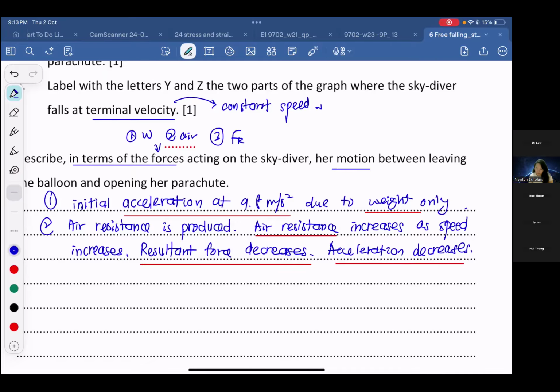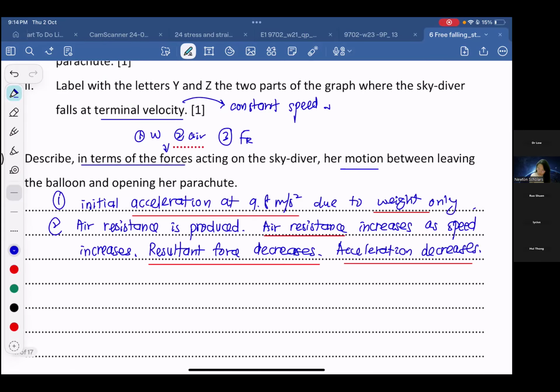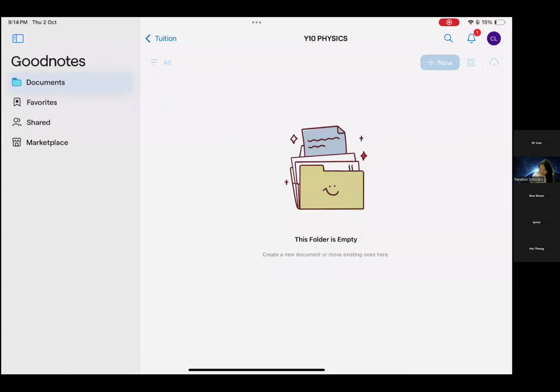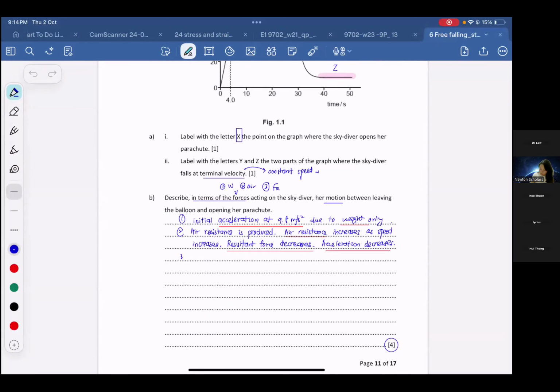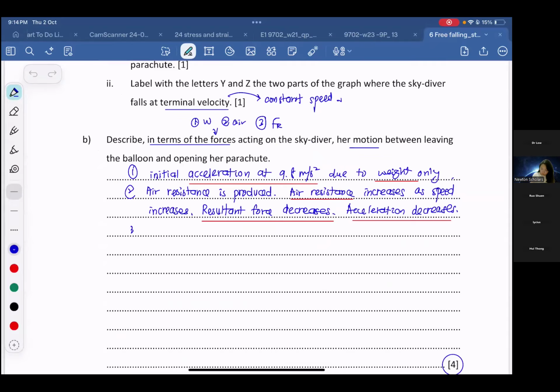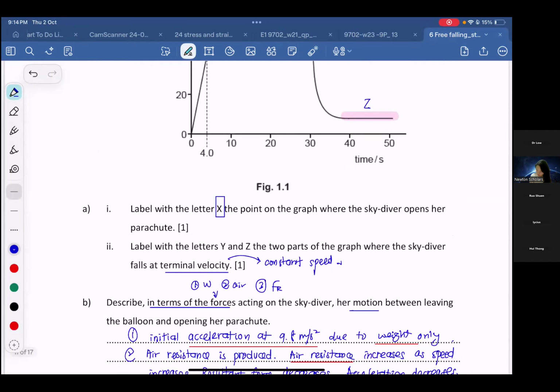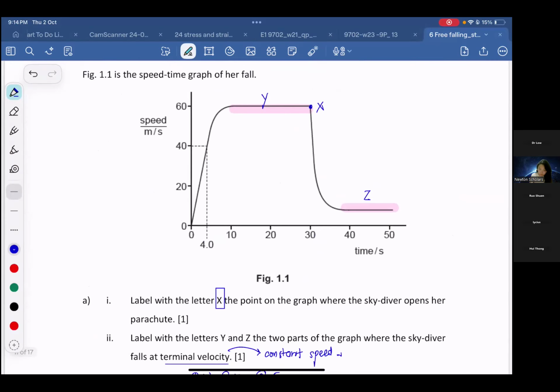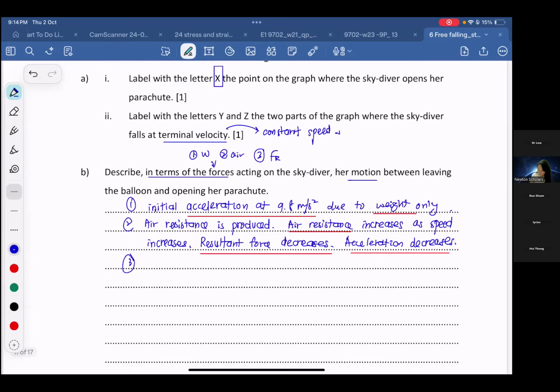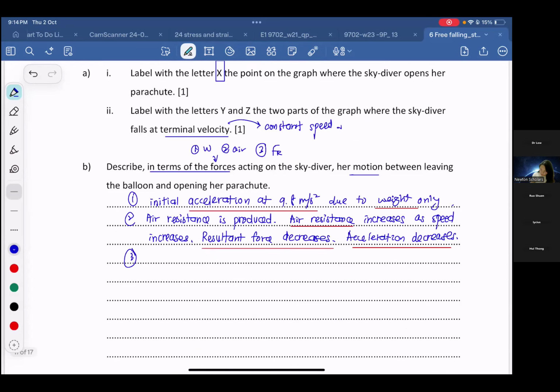Okay, second motion. Okay, third. Since your air resistance will increase, at a certain moment in this diagram, at roughly 60 meters per second, or maybe at roughly 30 seconds, the air resistance balances the weight.